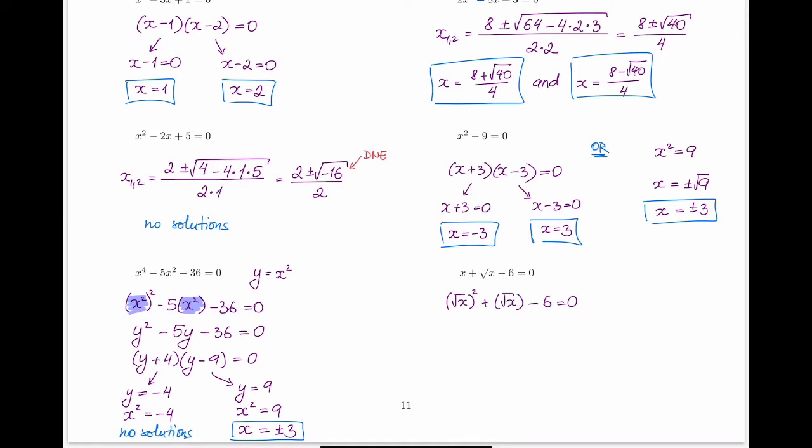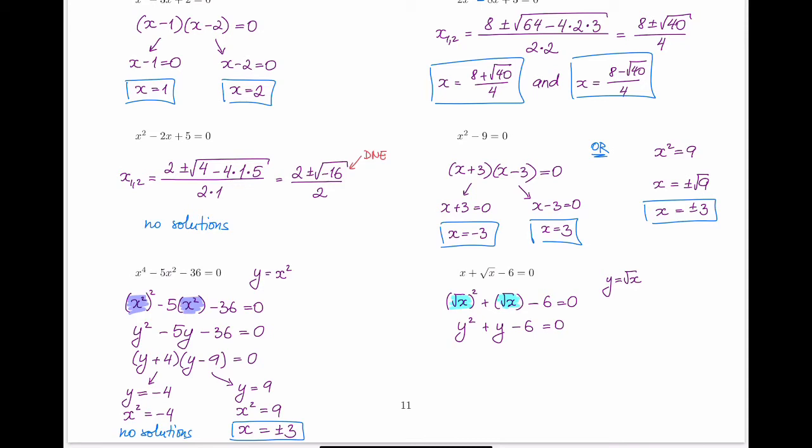And then I can notice that if I shade this in, and again, sort of squint at it, then this is actually now a quadratic equation in square root of x. So I can perform a substitution, y equals root x, and I'm going to get y squared plus y minus 6 equals 0. This is great news because now this is a quadratic equation in y, and that I know how to do. In fact, this is one of the equations I believe we've just seen recently somewhere.